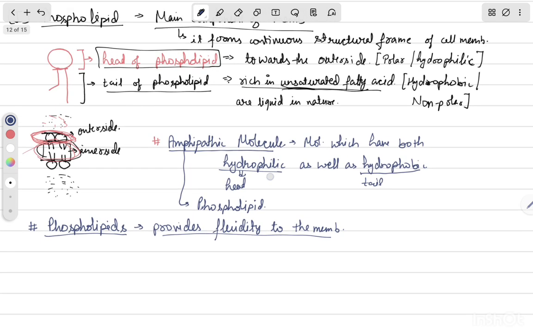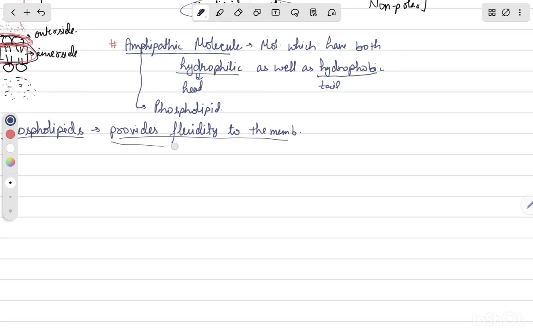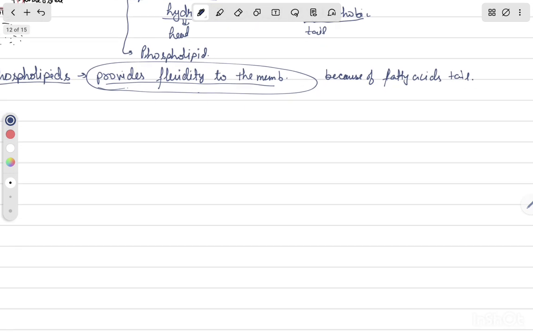Just now we discussed that the tail is rich in unsaturated fatty acid, which is liquid in nature, and that nature provides fluidity to the cell membrane, right? Because of the fatty acid tail, right? So we consider the plasma membrane to be quasi-fluid in nature because of phospholipid.